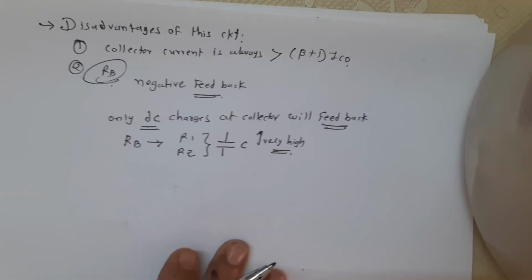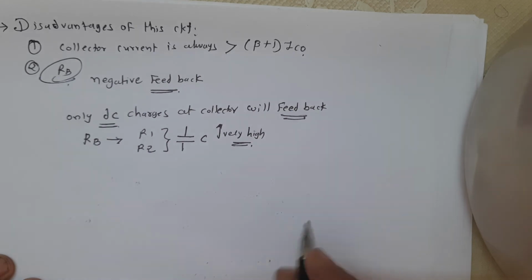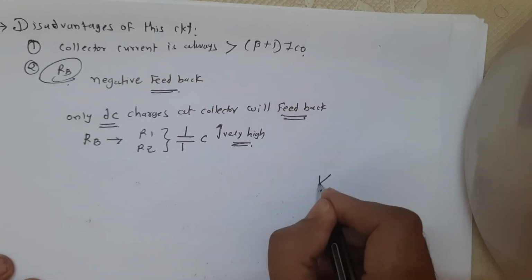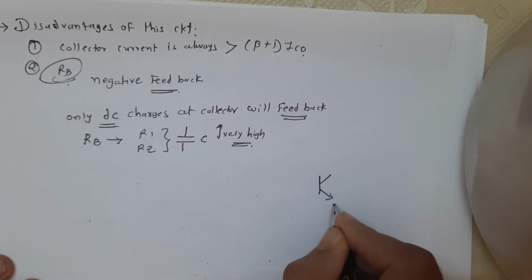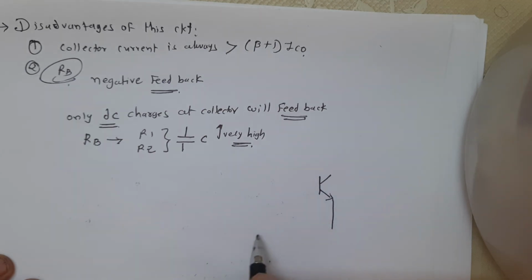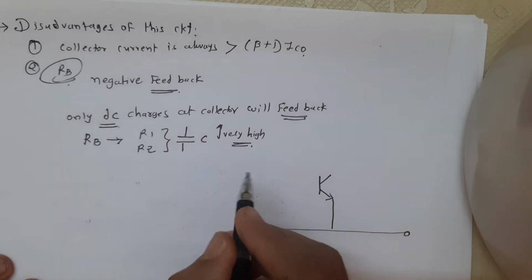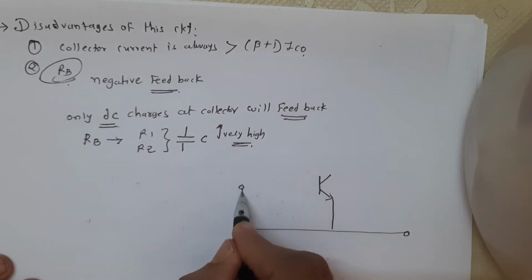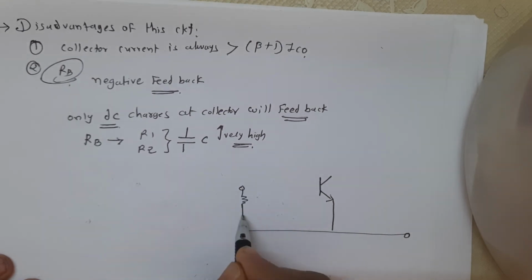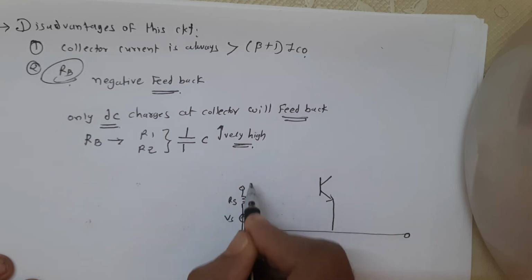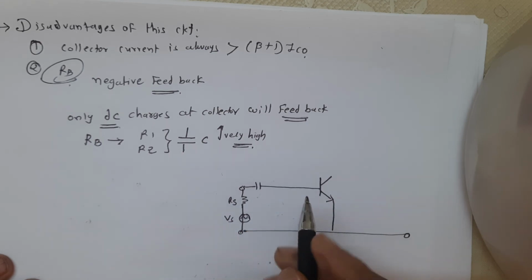So the figure is now changed. This is our transistor, with collector and emitter, and this is your ground line. This is your source resistance RS and VS, with a capacitor connected to the base.